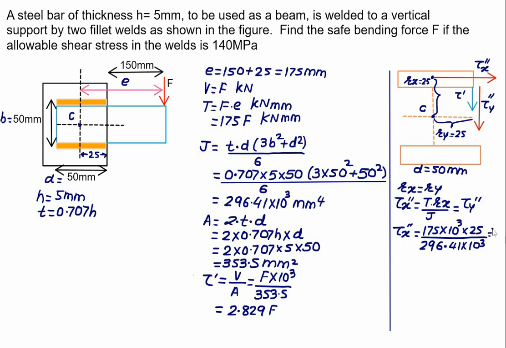And this value is the same as tau y double prime also. So tau x double prime is equal to tau y double prime, and this value is equal to 14.85 times F.